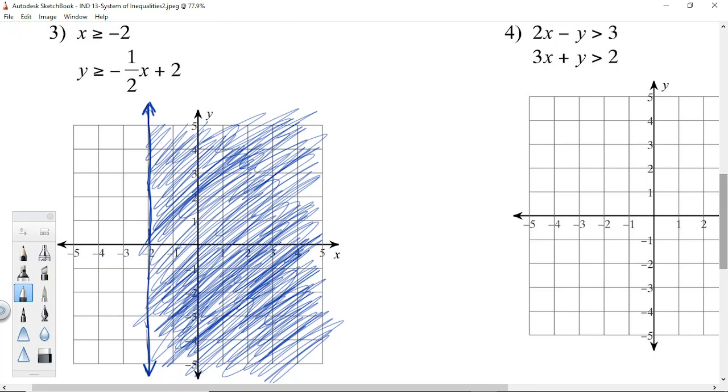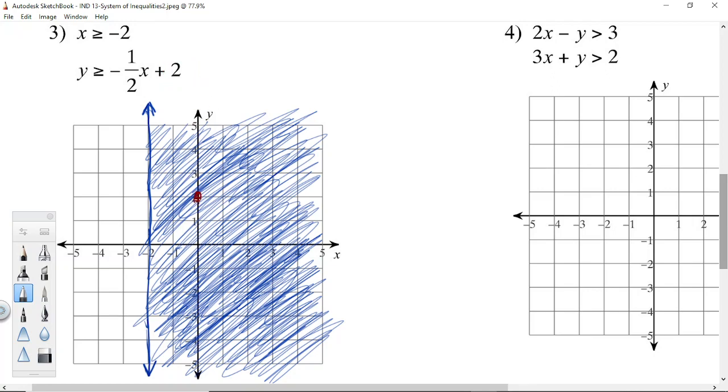Now let's switch colors. Try that. And graph the other one. It's in slope intercept form. The intercept is +2. So that's 2 on the y-axis. So it's right there.